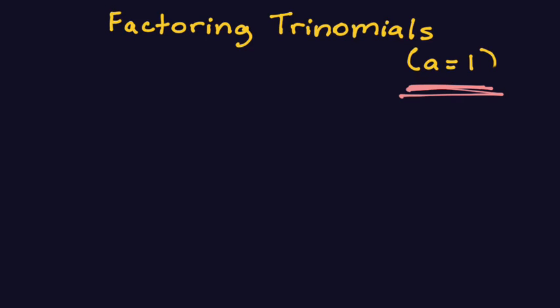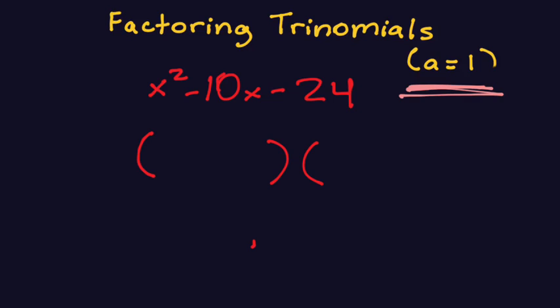Let's say we had a problem like x squared minus 10x minus 24. Now, we know that the factored form is going to be in this format. It's going to be in 2 parentheses. And I'm just going to say there's 4 different components.